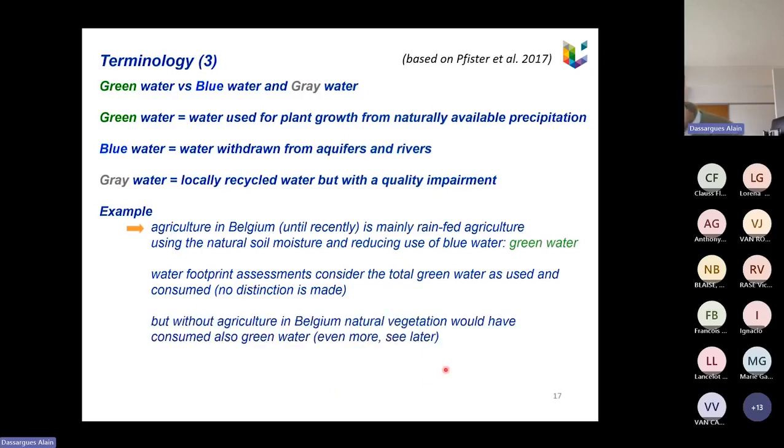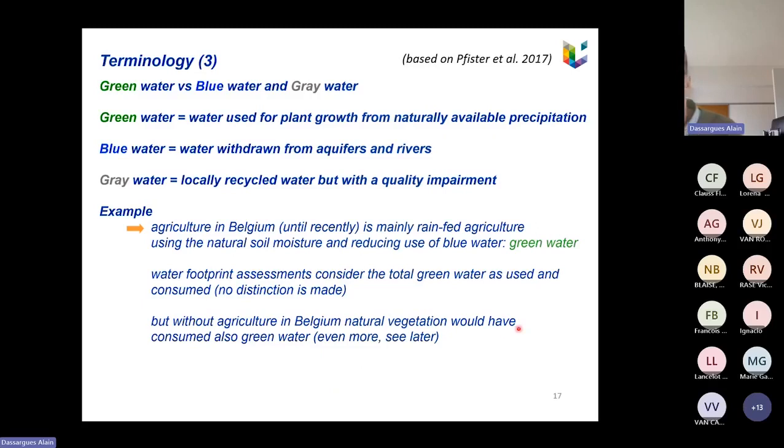But what is not said is that, for example, in Belgium, if we had no agriculture activity, if we had a forest in place of fields, it would consume green water as well. Even more, in fact, than an agricultural activity.